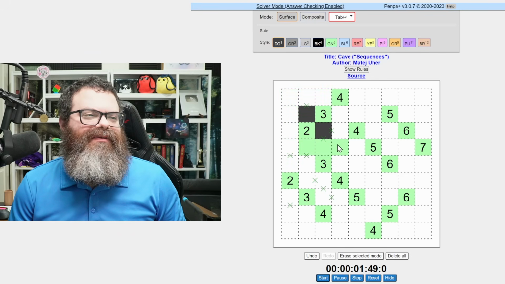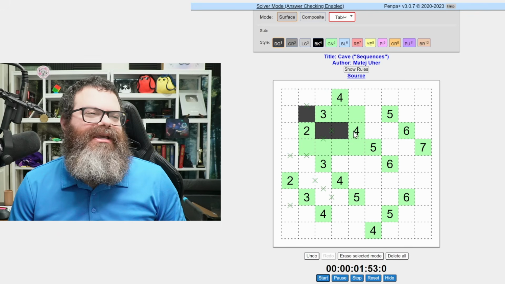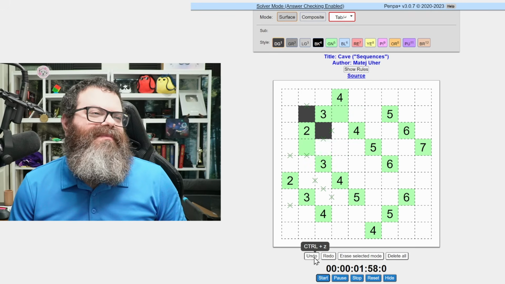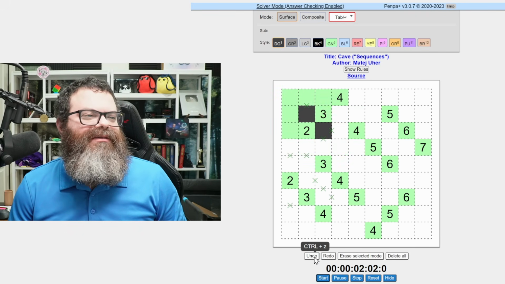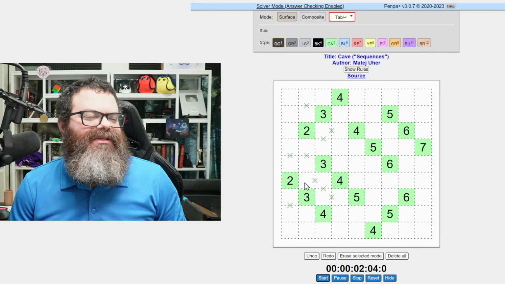Either like that, or you try to get around it, but at some point it's going to surround one of those caves. You can think about that a bit further if you're not convinced, but you cannot do a checkerboard, and you can't even do it on the edge of the grid.